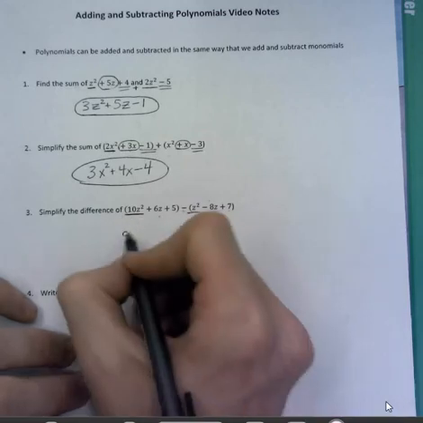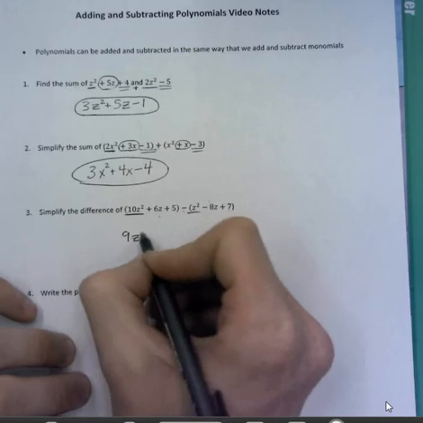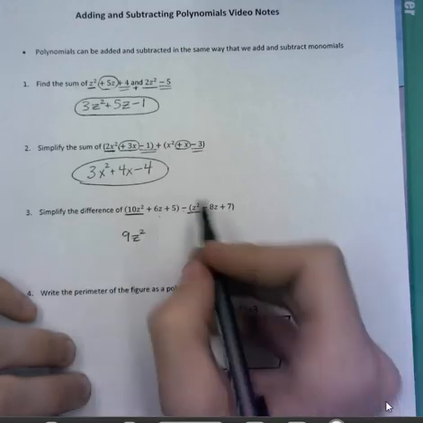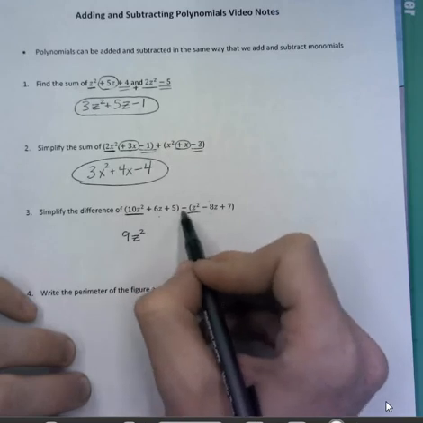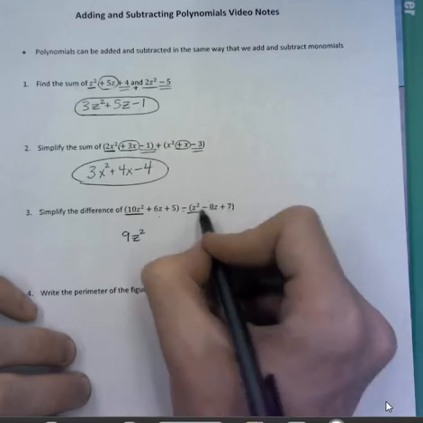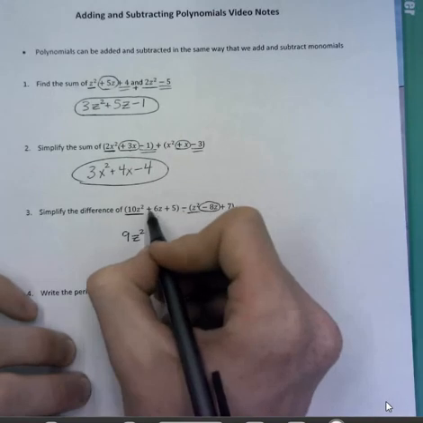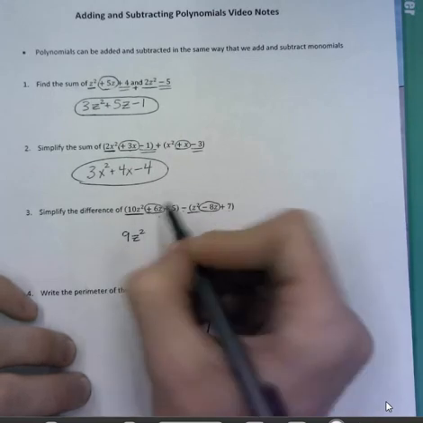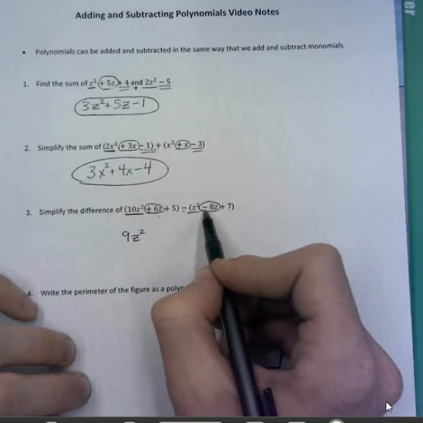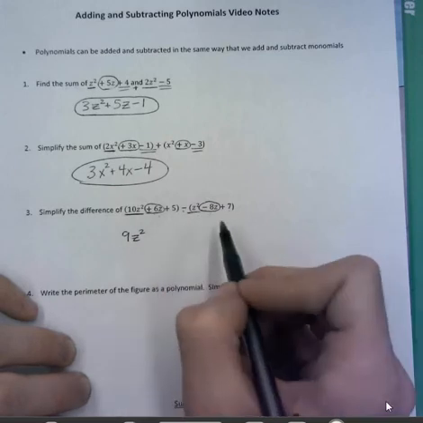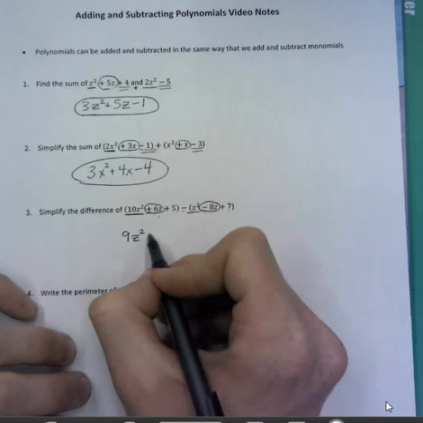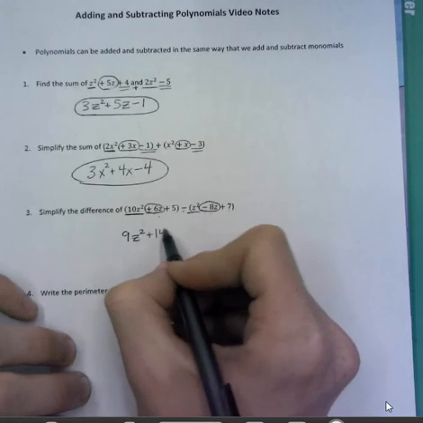So that's 9z squared. Now you have 6z. We've got a minus sign, so 6z minus negative 8z. This is the only tricky part, folks. 6z minus a negative 8z is 6z plus 8z, which happens to be positive 14z.